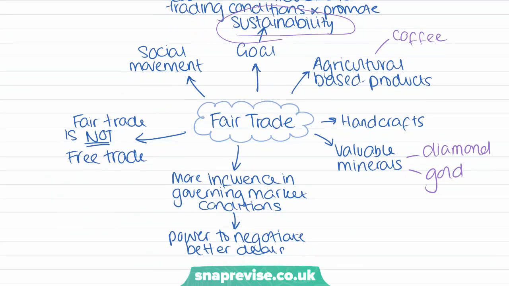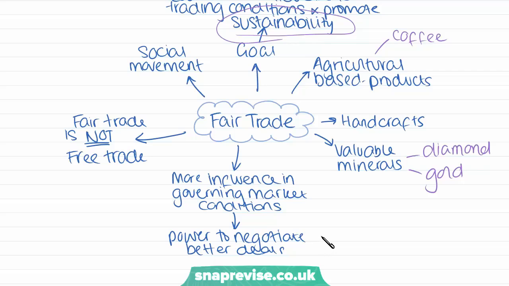And the other part of fair trade is that it's trying to help these smaller agricultural farmers and so on gain more influence in governing market conditions, and to give them the power to negotiate better deals with big companies and so on. So, for example, you might have a small farmer selling to a large company, and a lot of the time these large companies will take advantage of the small farmer. He won't know exactly how much his products are worth, so they will try and get the best deal possible.